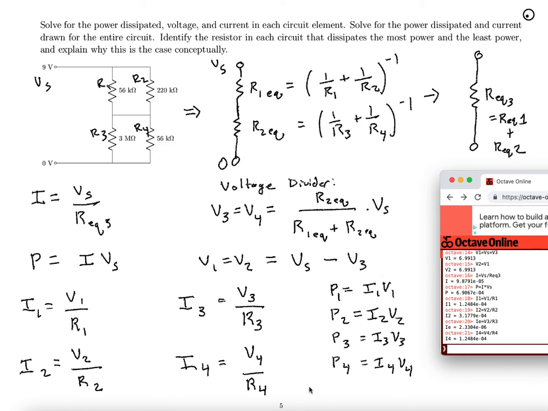And then finally the 4 powers. P1 equals I1 times V1. P2 equals I2 times V2. P3 equals I3 times V3.